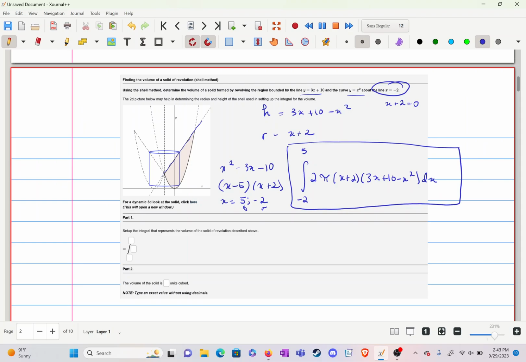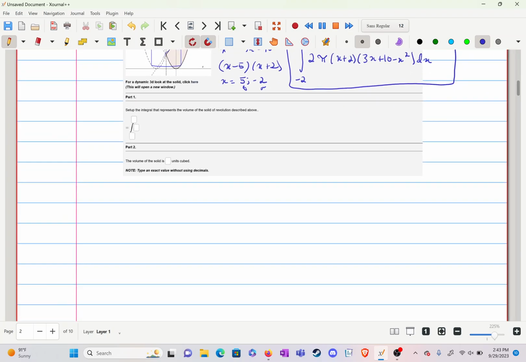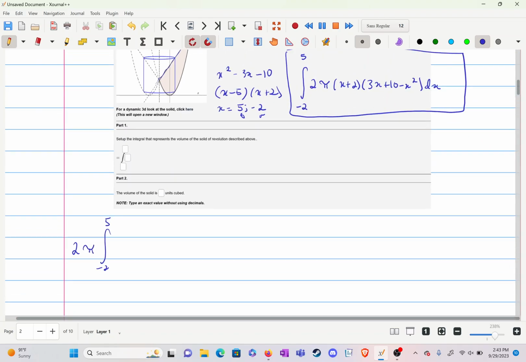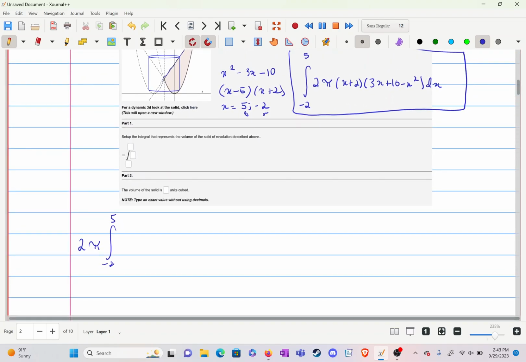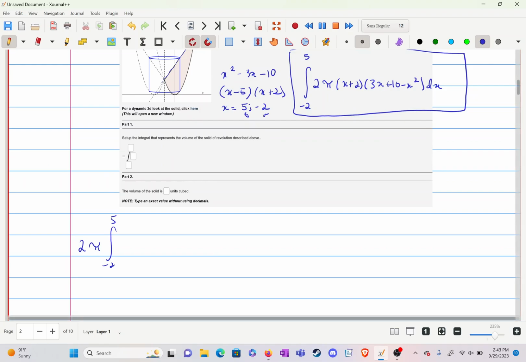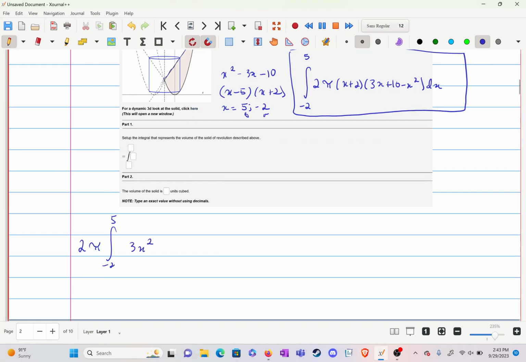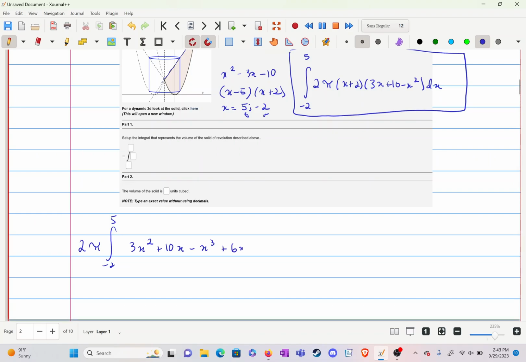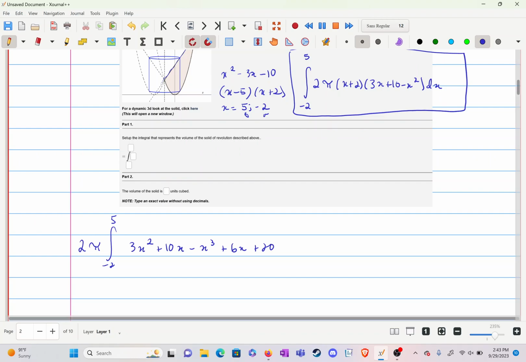So let's start though. Let's get that 2 pi out first off. 2 pi, we have negative 2 to 5. Let's start foiling. So we have this x going everywhere. We have 3x squared plus 10x minus x cubed, and we have a plus 6x plus 20 minus 2x squared dx.